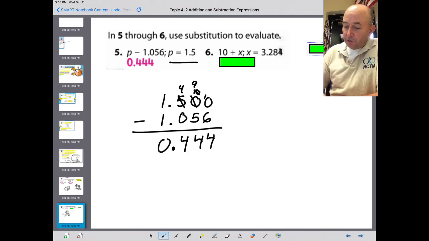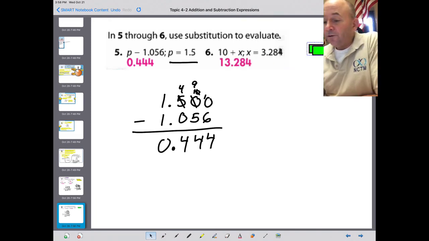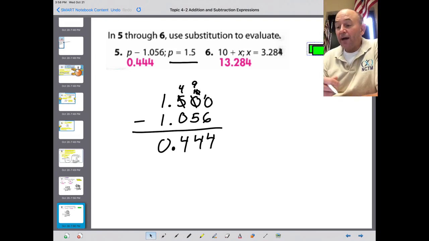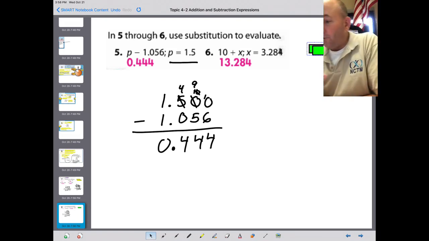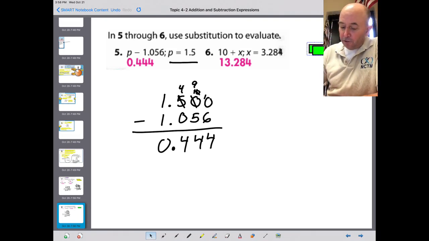Okay, number 6, the answer to number 6 is 10 plus x, and x has a value of 3 and 284 thousandths. That's kind of a blurry 4 there, but we're going to do the math, and we'll see that you have 10 plus x, x equals 3 and 284 thousandths.